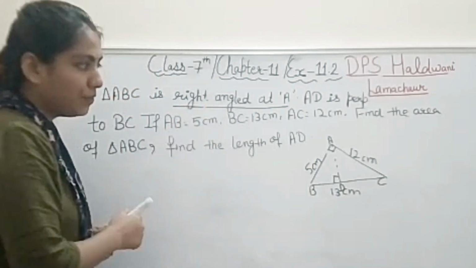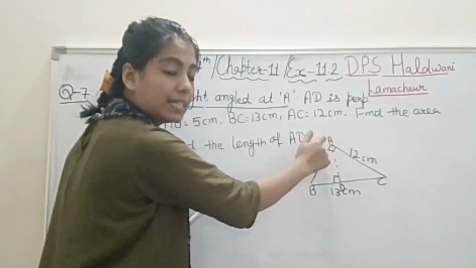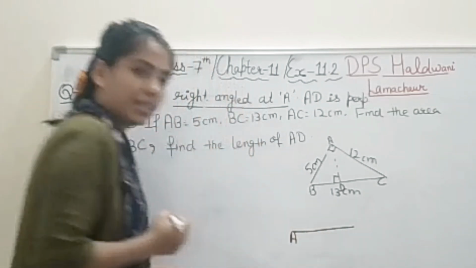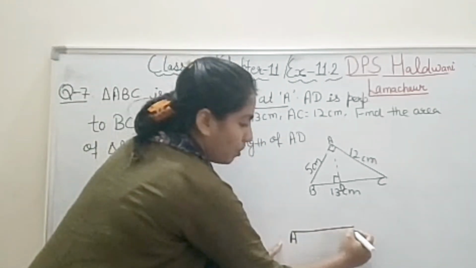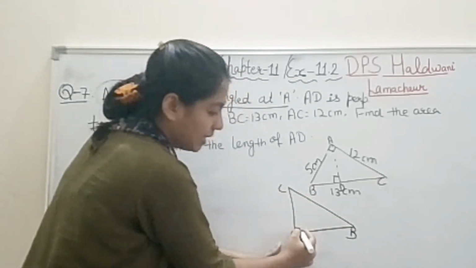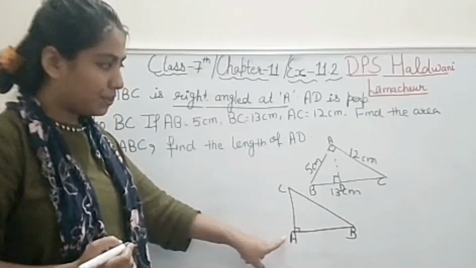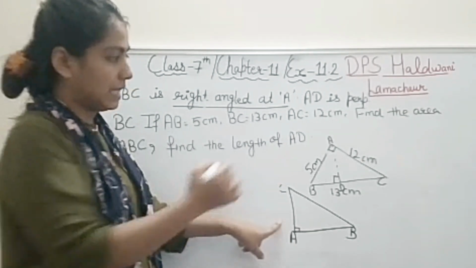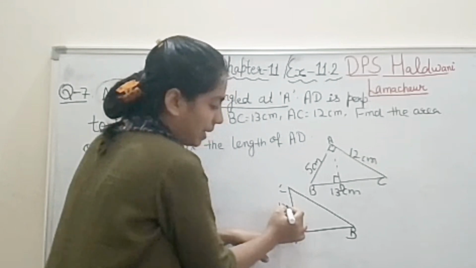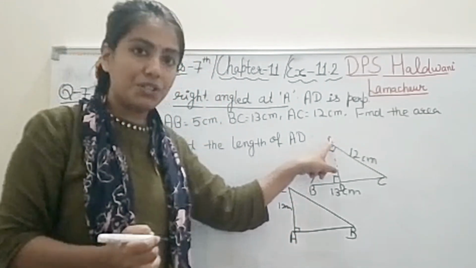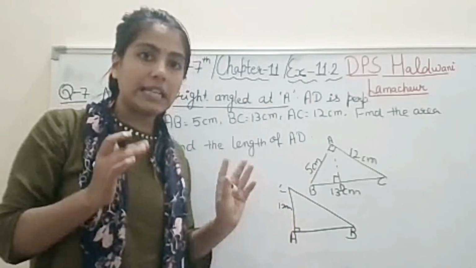See student, as we know, this is a right angle triangle and the right angle is forming at A point, right? So suppose it is A, B and C point, right angle triangle forming at A, right? So see student, AB is a base and AC is a perpendicular, that is 12 centimeters. So this can be the height, right? Because the question mentions that it is a right angle triangle.